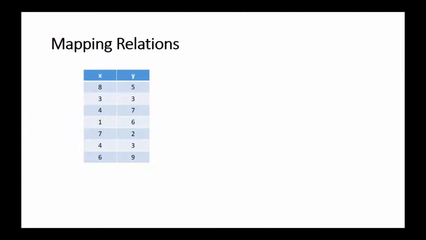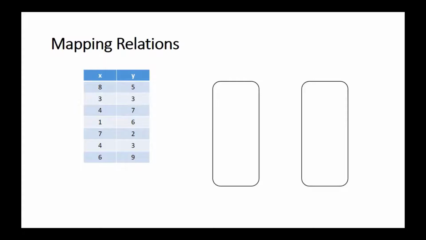Mapping relations is where we show how those inputs, X, and outputs, Y, so the pieces of each of the sets, relate to one another. So if we're going to map this relation of X and Y, first we're going to give ourselves two bubbles to work with, and then we're going to list all of the X values, the inputs, in the first bubble, and I put them in numerical order, 1, 3, 4, 6, 7, 8.